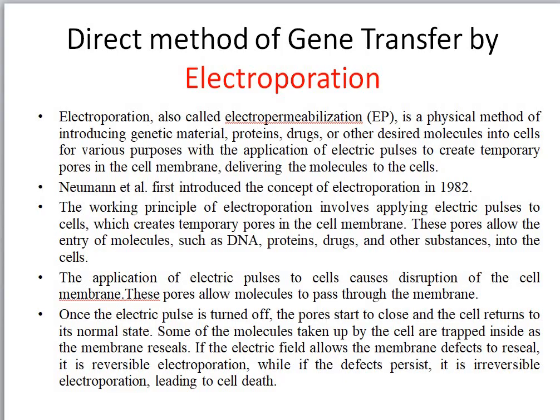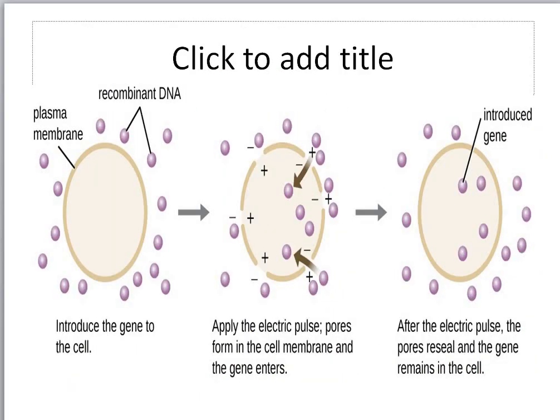Now let's understand this with the help of a diagram. Suppose this is the plasma membrane of a cell, of a plant cell. Now these are the recombinant DNA, the DNA molecule, your target DNA molecule. So far, we have not applied any electric field.